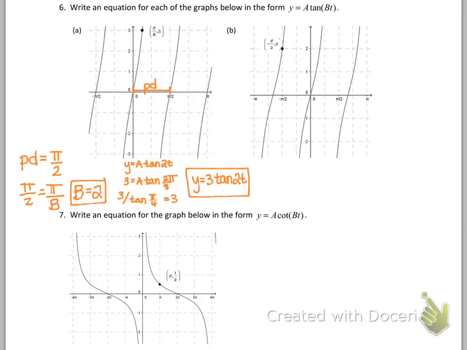For this next one, it's a little bit hard to see a full period. You can see a full period here to here, but what is that value? We don't know.